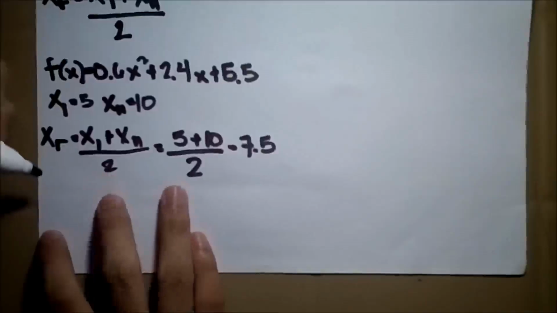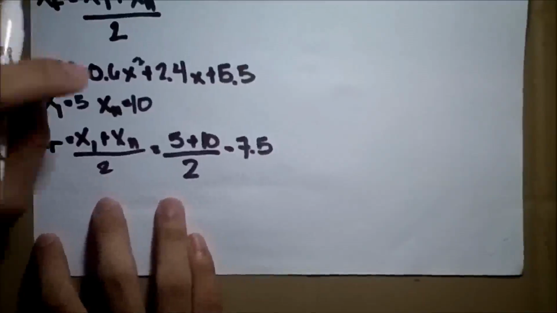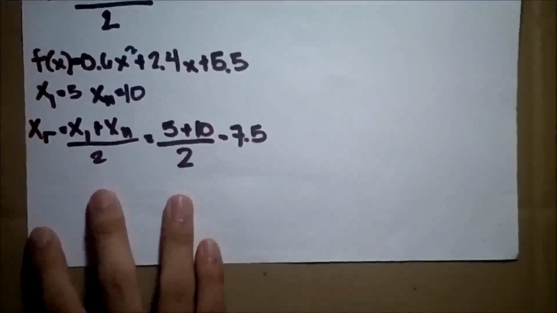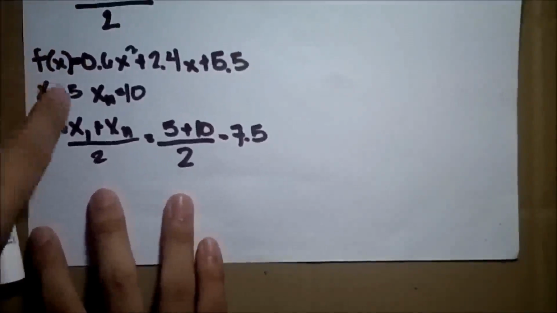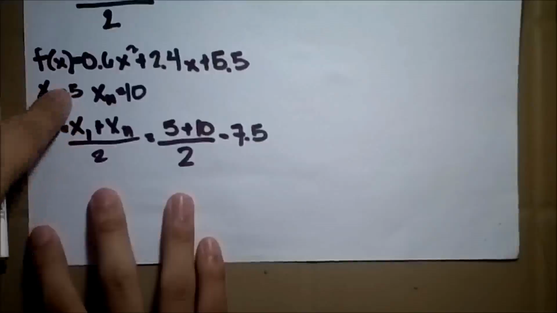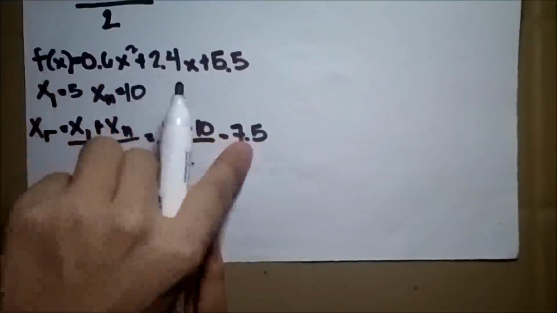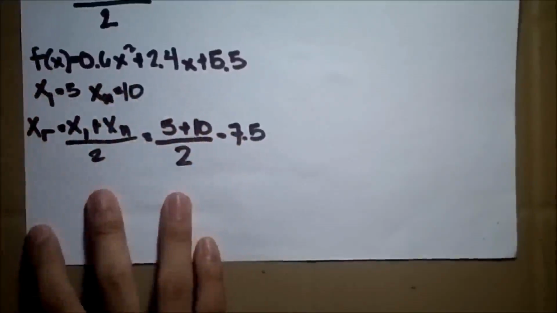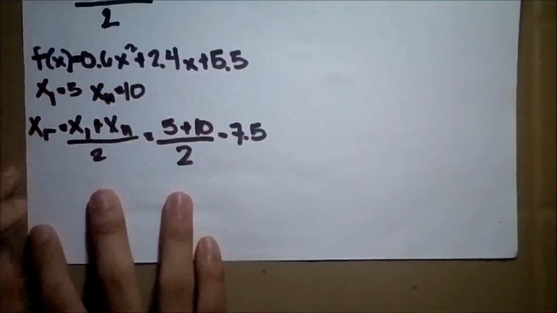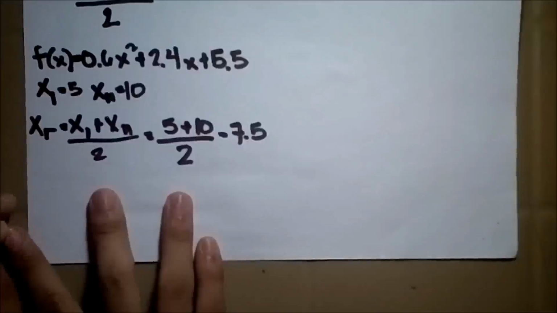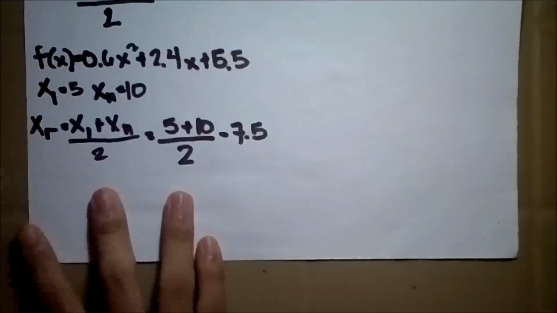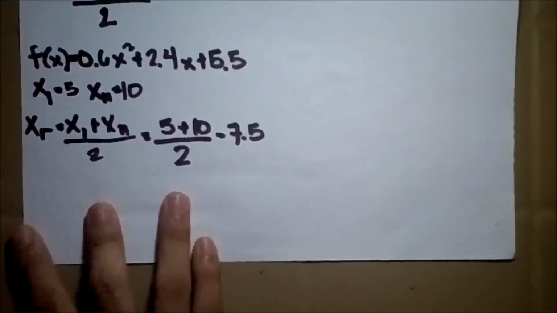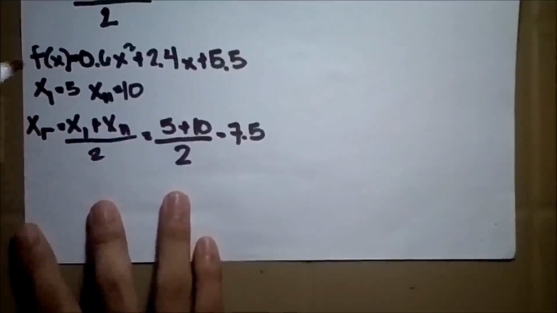To determine which of the two intervals has the real root, we must multiply the function of this variable by the function of this variable. If the answer is negative, then the real root is in that interval. But if positive, there's no real root there.